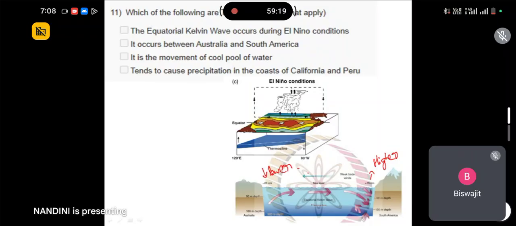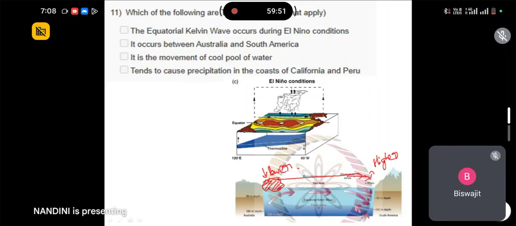So during El Nino, this flow reversal happens between west and east. When warm water piles up at the high sea levels of the Western Pacific, for example during La Nina conditions, the sea surface height difference will be almost the same.